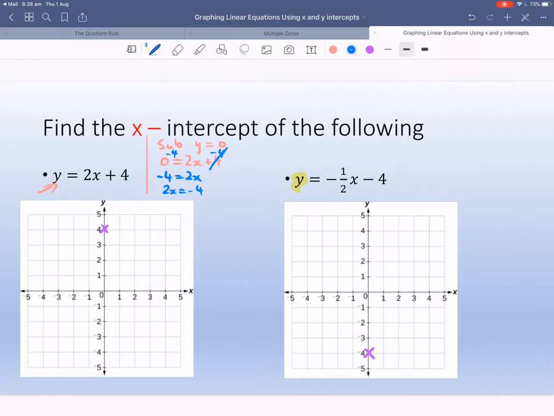Now what's stopping me from having x by itself? It's a times in between the 2 and the x. So what's the opposite of times 2? Hopefully you say divide by 2. Therefore, x = -2. So the x-intercept is -2.